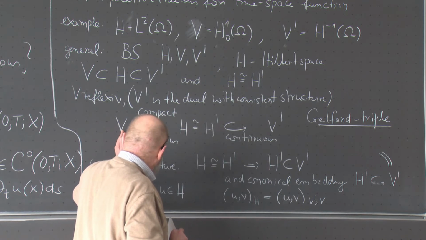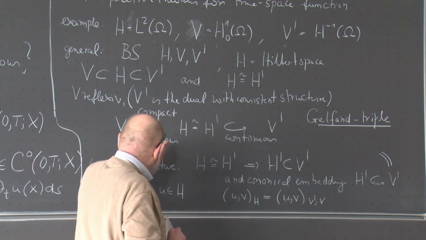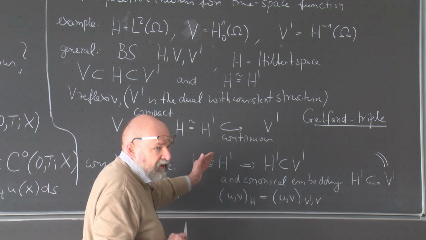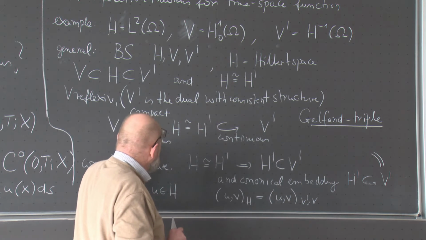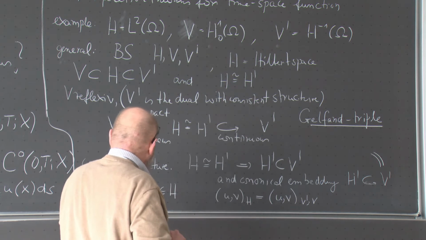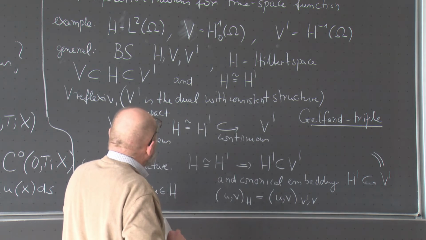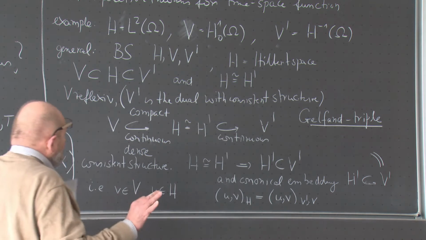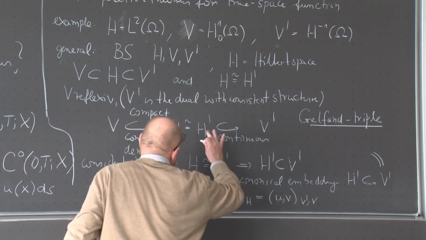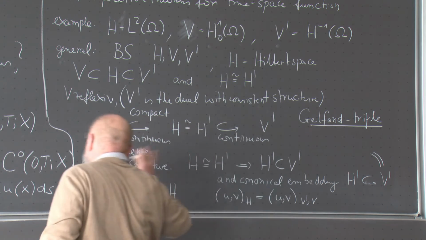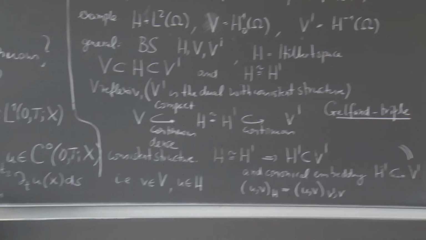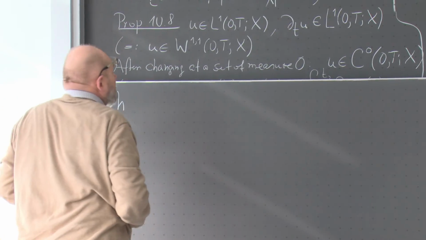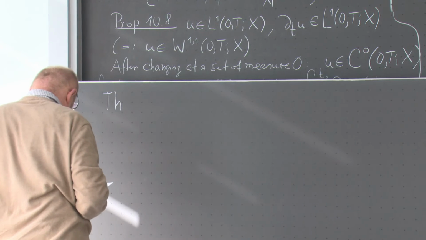What is said here is that we can control the H norm by the V norm, but of course not vice versa. But what will turn out is that we get a reverse situation if we bring in the third norm. So we will interpolate a little bit between these two norms. That is where this notion comes from, if you wonder why this is called interpolation.